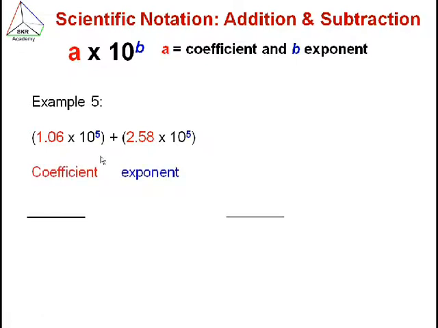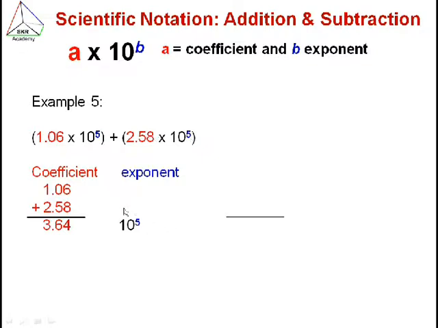As we did in multiplication and division, we add the coefficients from both sides. So 1.06 plus 2.58 gives 3.64.